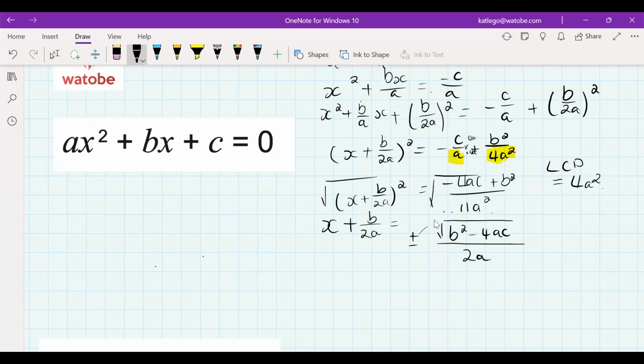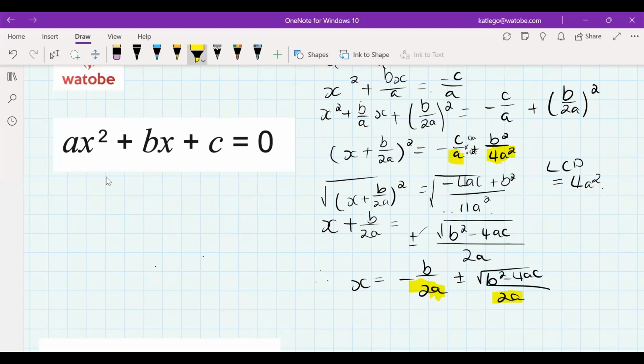I sure hope you guys know that. Therefore, x will be equal to negative b over 2a plus minus the square root of b squared minus 4ac over 2a. But because they have the same denominator, we can put them all under one sum.